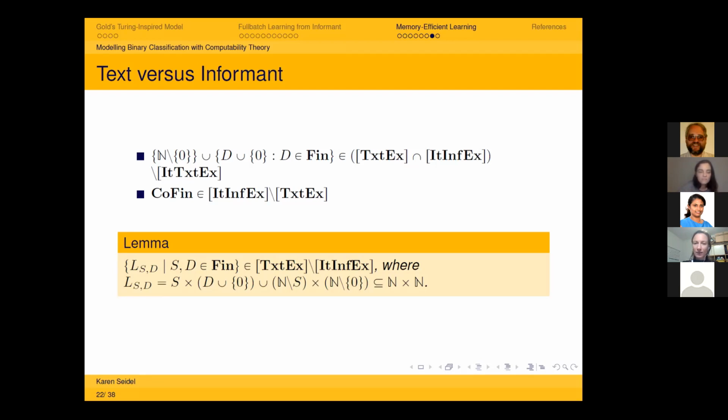My favorite example, because I thought about it a lot, is non-U-shaped learning for the memory restricted setting. It's a very nice proof to show that this is not restrictive when learning from text, and this proof does not work at all for learning from Informant. So I would say that for the simulation arguments, learning from text arguments do not always transfer. This is not at all trivial. I'm not sure I answered all your questions, so maybe just ask again.